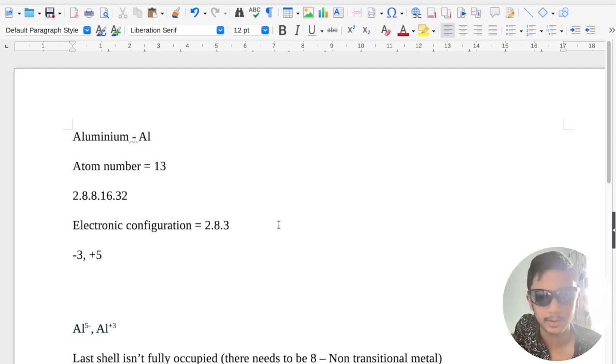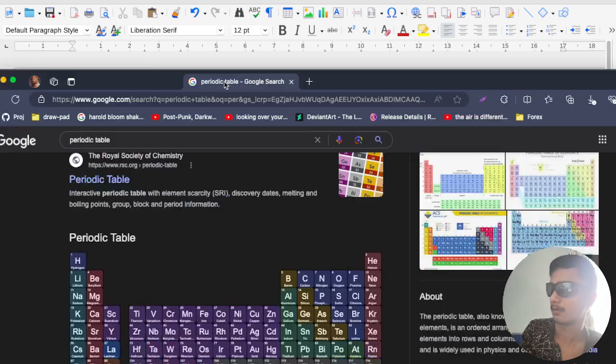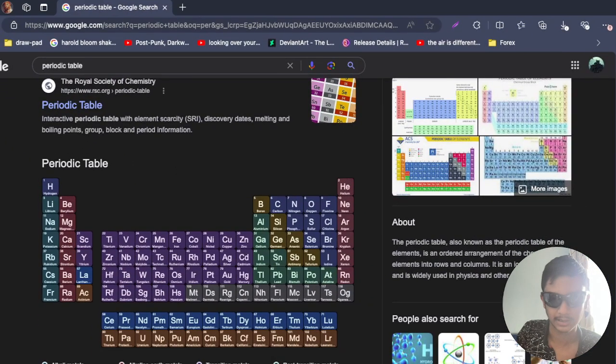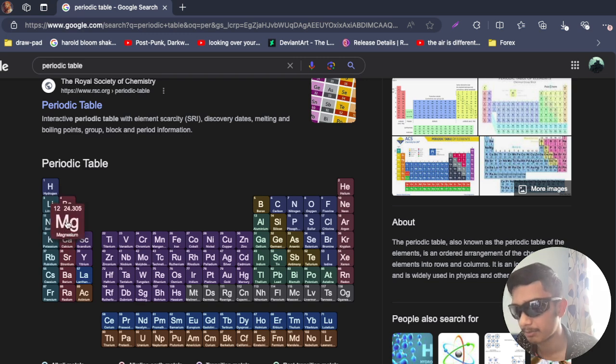Another thing, we could look at the periodic table. Let me get the periodic table up. Here we go. As you can see here, we could just memorize it. So group 1, there's always going to be just one extra, a positive ion. For example, Li plus 1. Beryllium, all these guys are going to be plus 2.